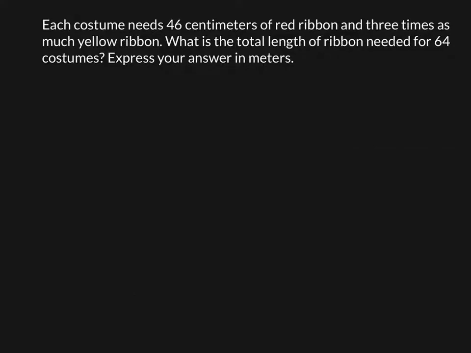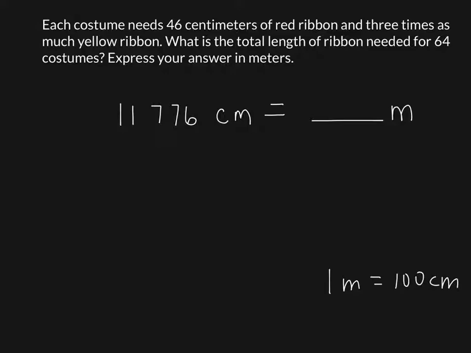Now that I know I need 11,776 centimeters, I have to convert that to meters. And I know that there are 100 centimeters in 1 meter, but what I need to know is how many meters, because I'm going to have to replace the centimeters with meters.